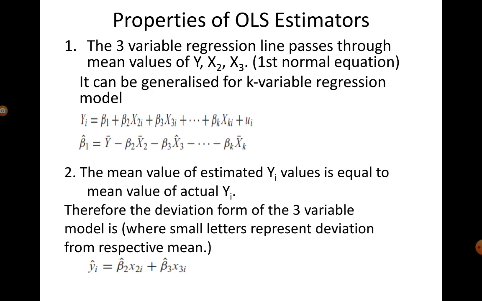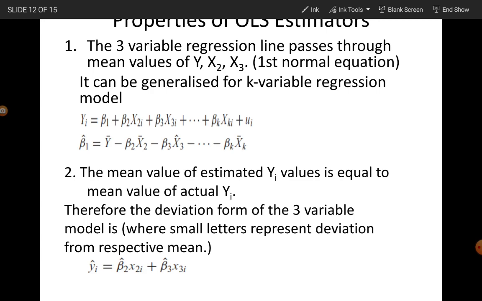So beta 1 hat will be y bar minus beta 2 hat times x2 bar minus beta 3 hat times x3 bar, minus etc., minus beta k hat x k bar, where any x bar means the particular variable's mean value from the sample.